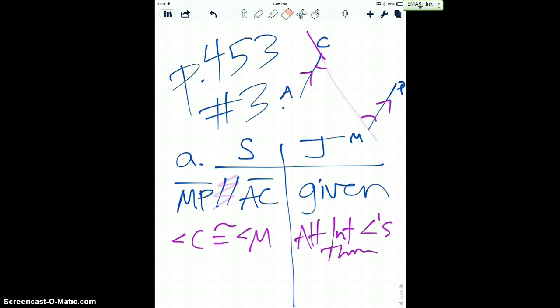Okay, then I'm going to look at a different line. Let's choose green. So now I'm looking at this transversal passing through.